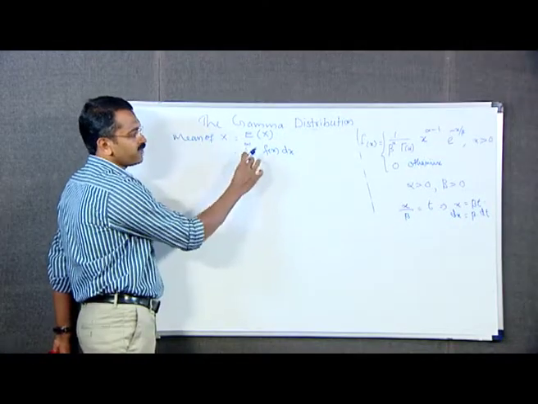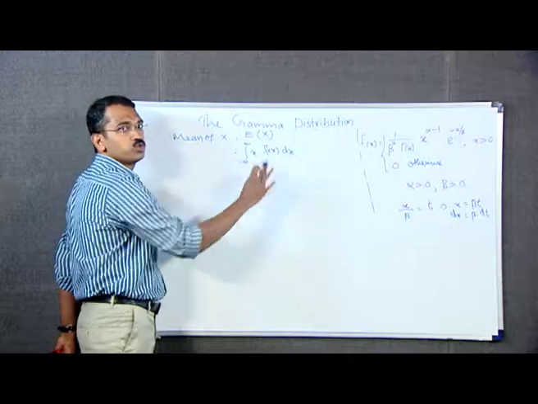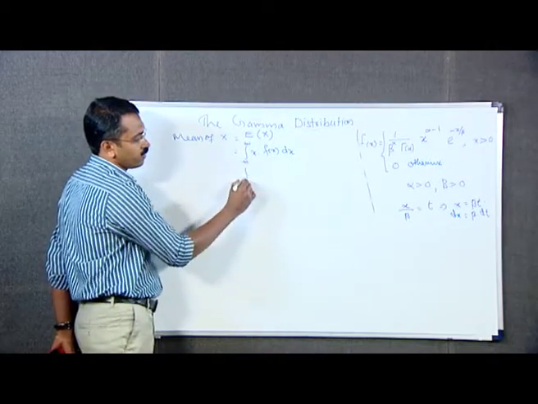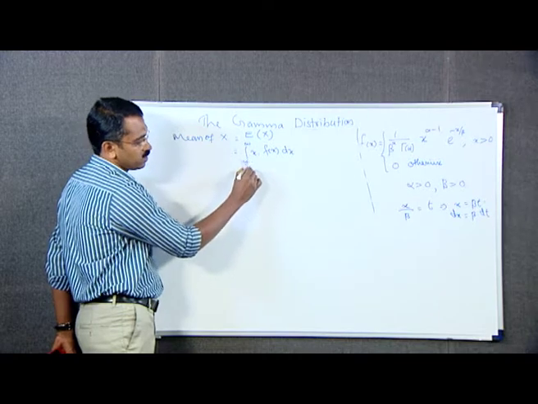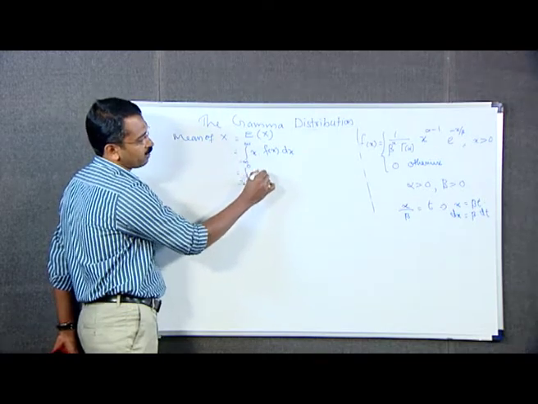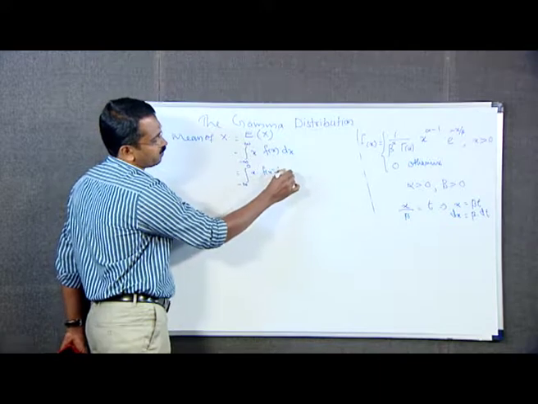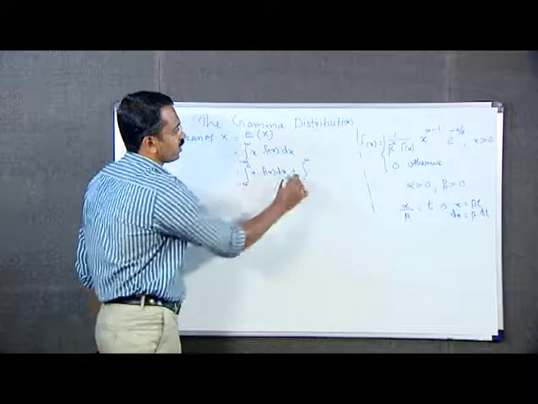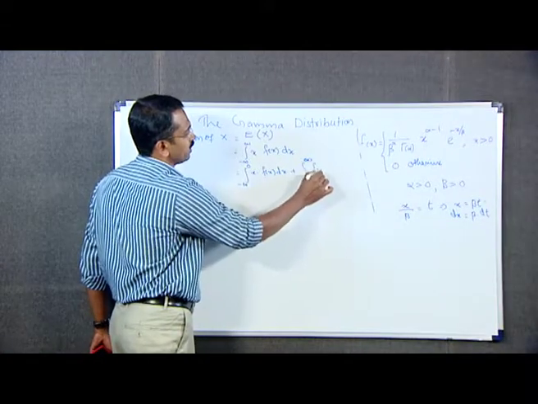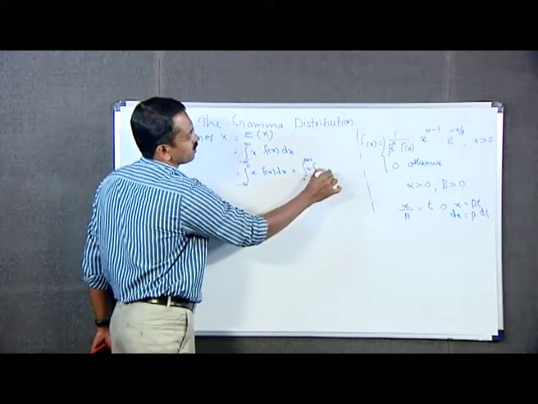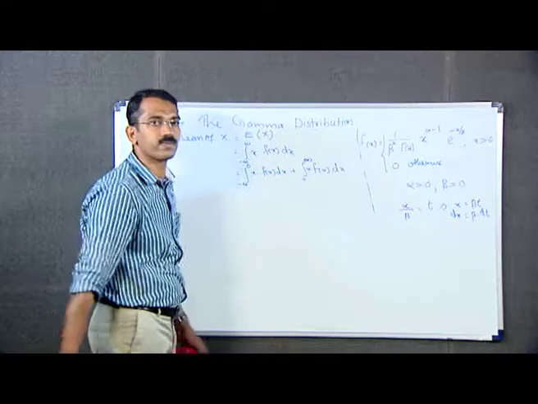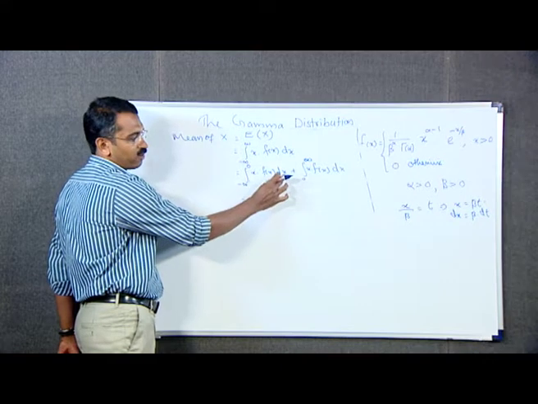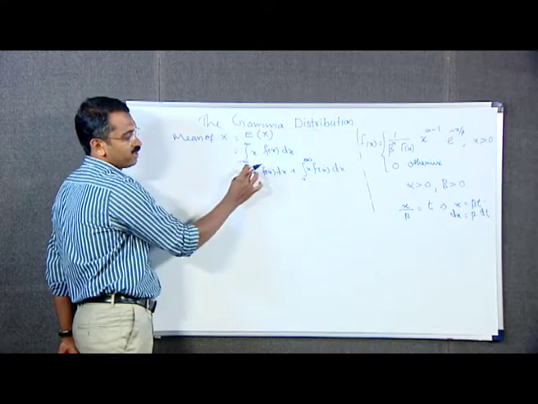Now, we split this integral into two. This is equal to the integral from minus infinity to 0 of x f(x) dx plus the integral from 0 to infinity of x f(x) dx.